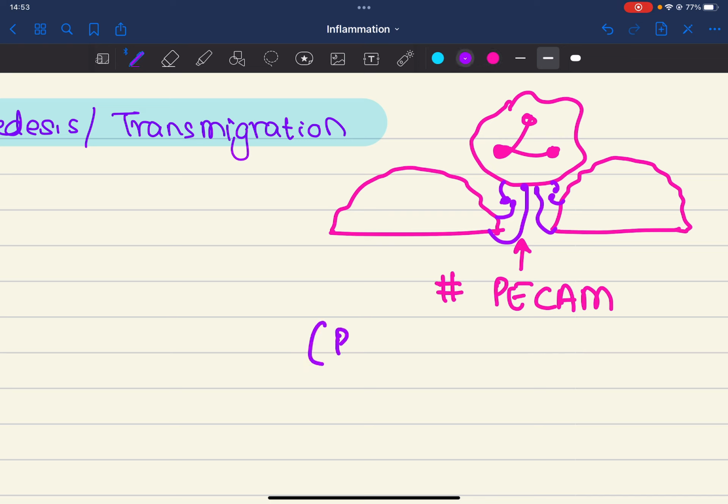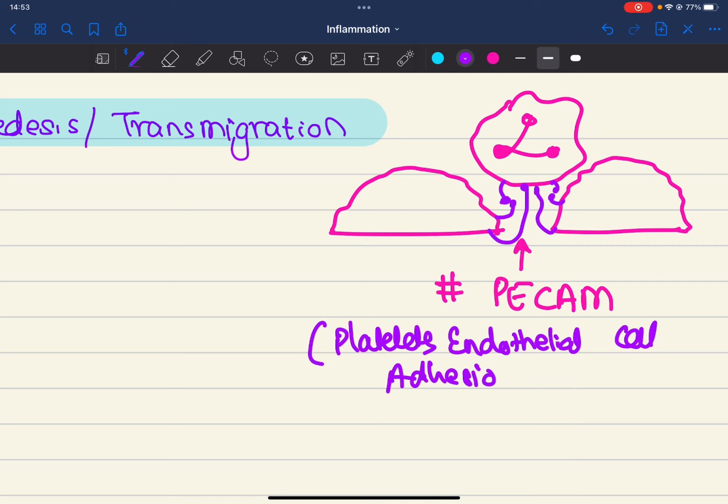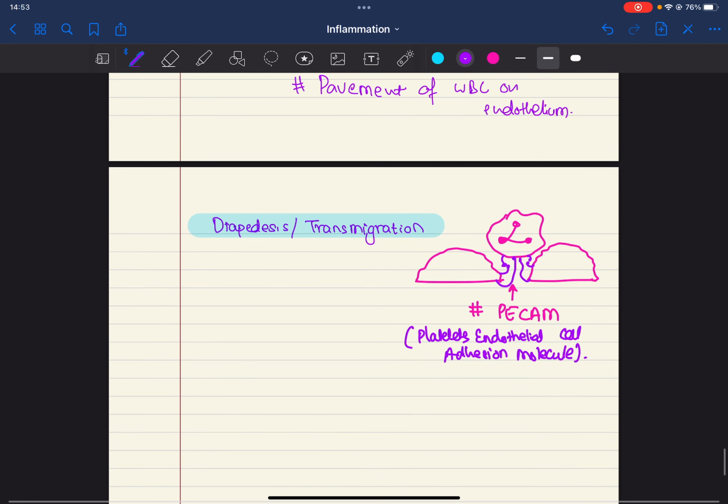Platelet endothelial cell adhesion molecule. Now this will bring the WBC towards the tissue.